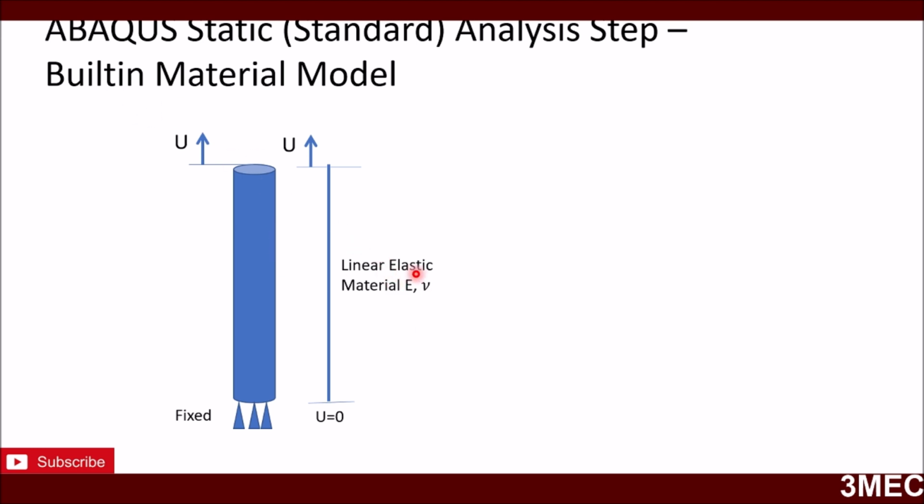If the material properties are linear elastic, then you need to define Young's modulus and Poisson's ratio if it's an isotropic material, and then you try to solve it and find out the stresses and strains in your object.